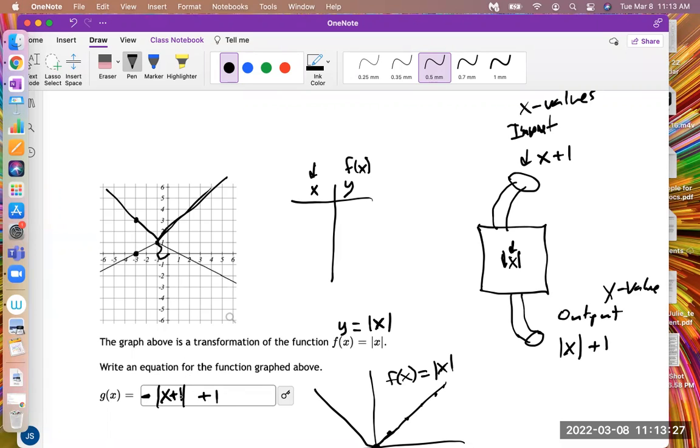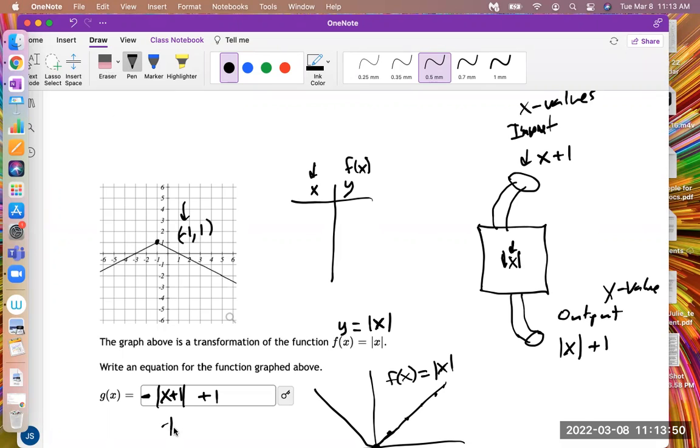But we can double check this by plugging in a value. So we know this point, which is (-1, 1), is actually on the graph. So when I plug in -1, I should get +1 back.